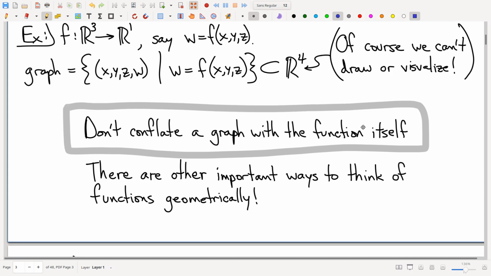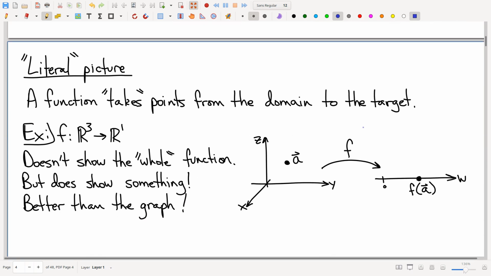Okay, so let's talk about some of these other pictures. I like this one. I think this is an underrated, underappreciated kind of picture that you can draw. It's what I call the literal picture. The idea of a literal picture is that I'm going to take a function. Here's a function that takes me from R3 to R1. I'm going to literally draw these things in this action.